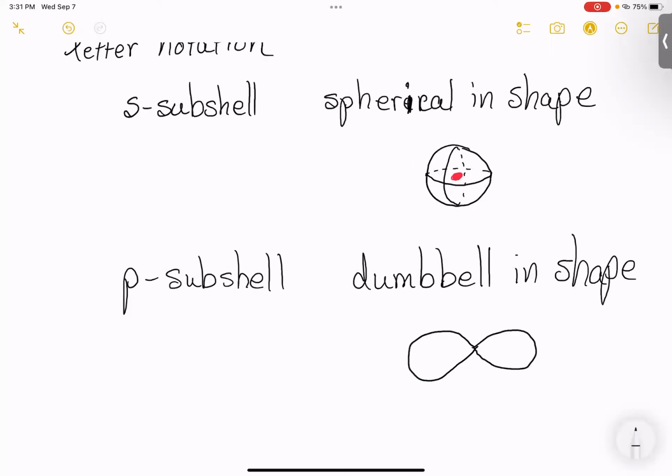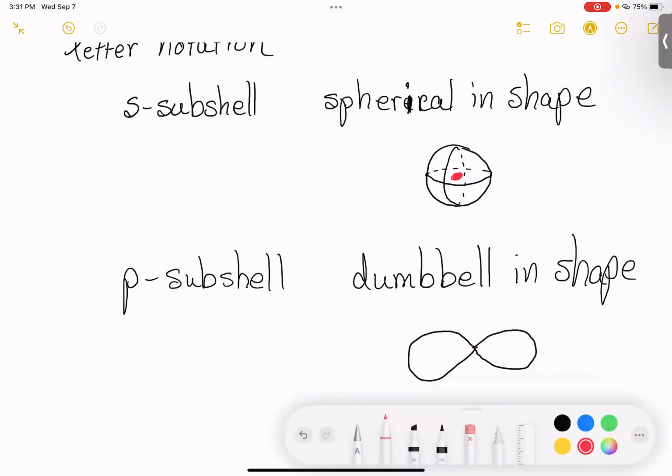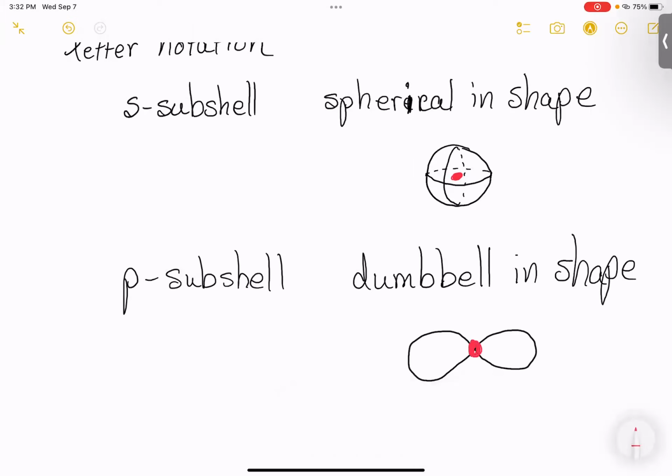Or you can think of it as two balloons attached at the center. In this particular case, the nucleus sits right there where the two dumbbells come together. And I'll pass all these around in a minute. This is a P. It has two lobes.